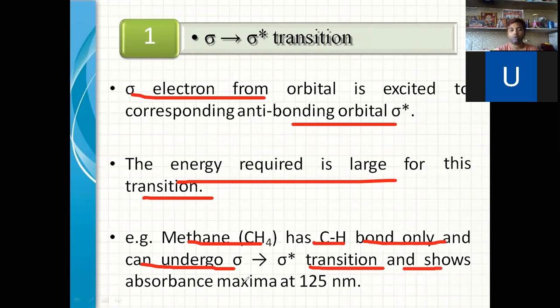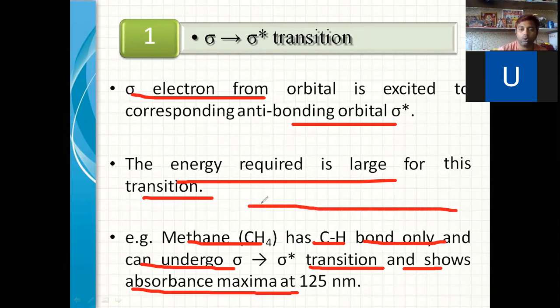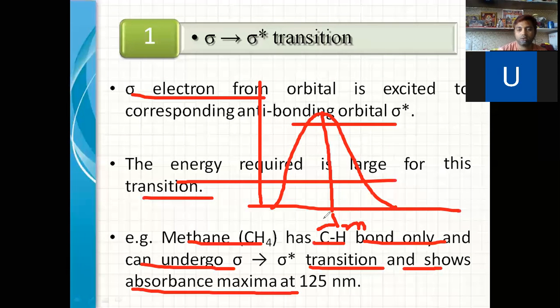It shows absorbance maximum at 125 nanometer. Here, this is lambda maximum, 125 nanometer. This is absorbance or transmittance.